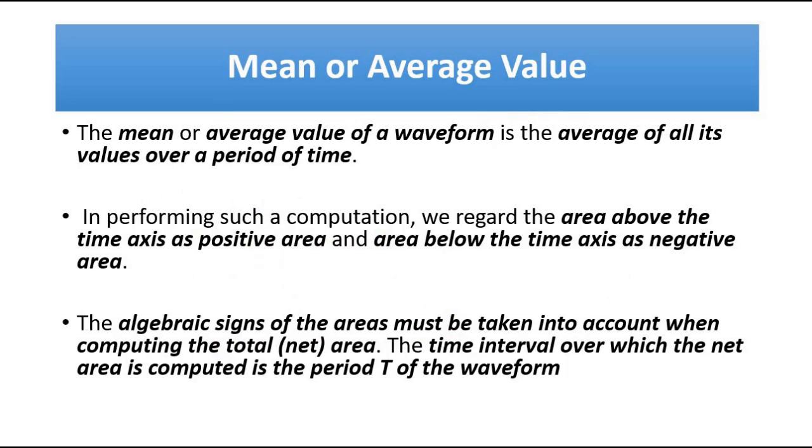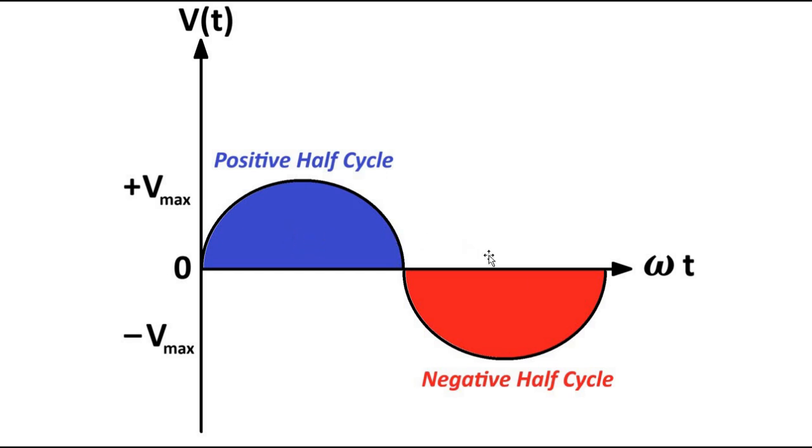Now, for a symmetrical alternating signal waveform where the positive half cycle is exactly the opposite of the negative half cycle in terms of magnitude and direction, where the positive peak and the negative peak are the same in magnitude, the problem is that the positive and negative values cancel out each other. That's why the average becomes 0.